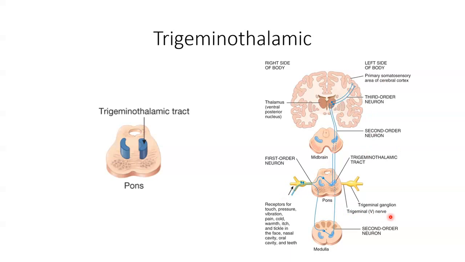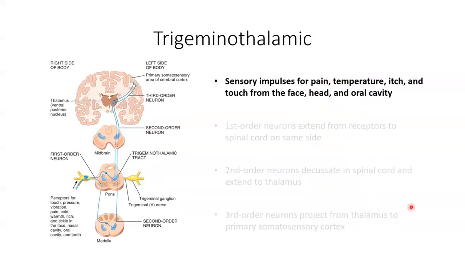The pathway then ascends to the primary somatosensory cortex via our trigeminothalamic tract. So you can see this part here. So the trigeminothalamic pathway carries sensory information related to pain, temperature, itch, and touch. But this time it's from the face, the head, and the oral cavity. So it's kind of like the front part of your face now, or the front part of your head.